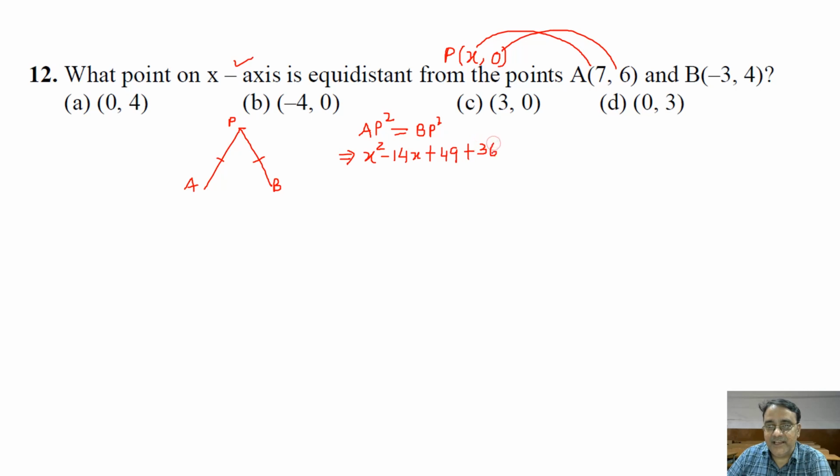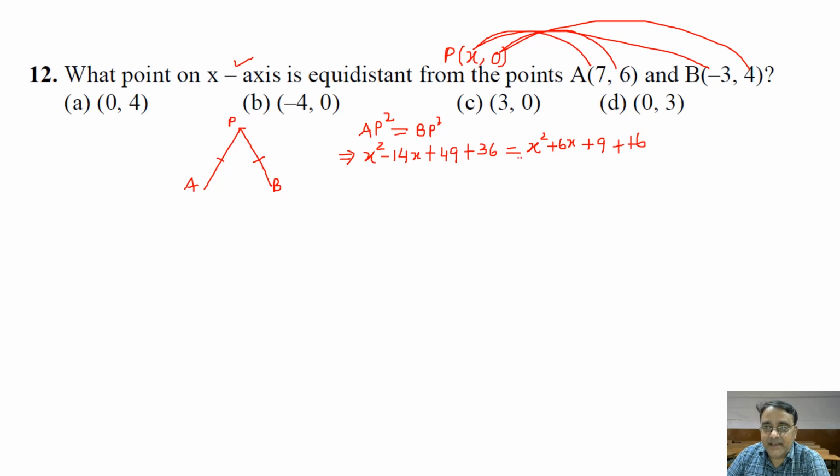So this is AP square. Next BP square, x minus of minus 3, that is x plus 3 whole square. So this will be x square plus 6x plus 9. Is this understood? Yes, sir. Now 0 minus 4 whole square, that is minus 4 whole square, it will become 16.